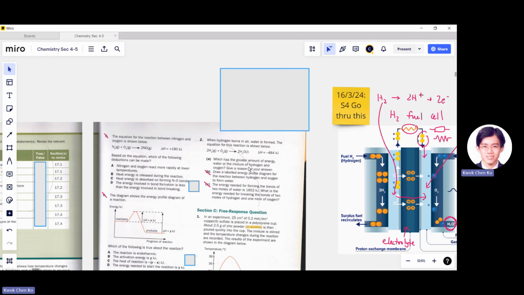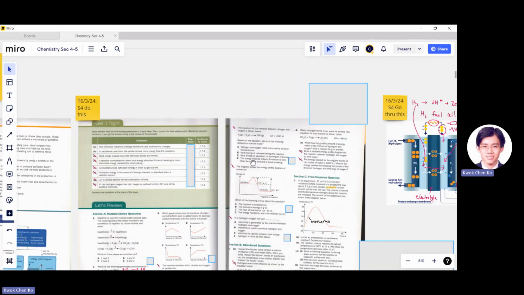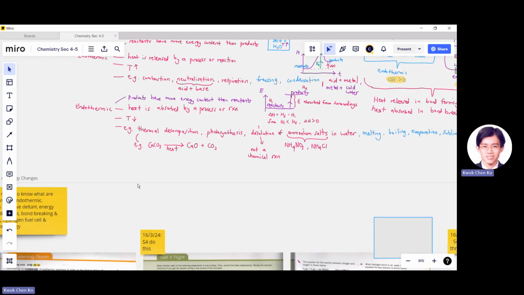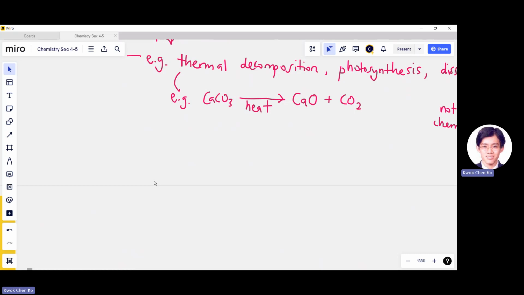Which one is your section? 1852 minus. Okay, you want one more formula to remember? I'll give you one more formula. Write this in.